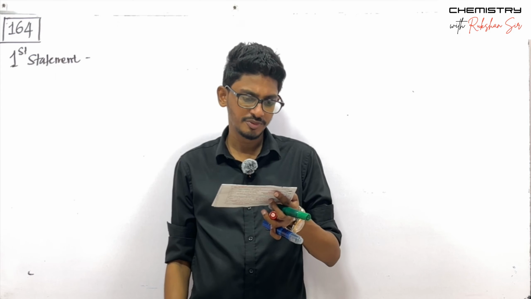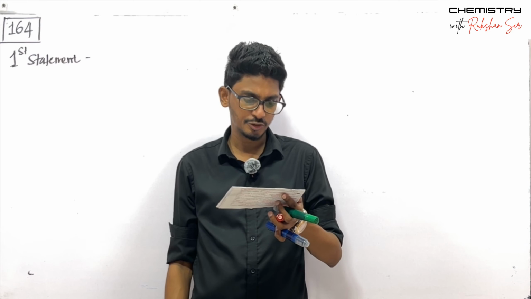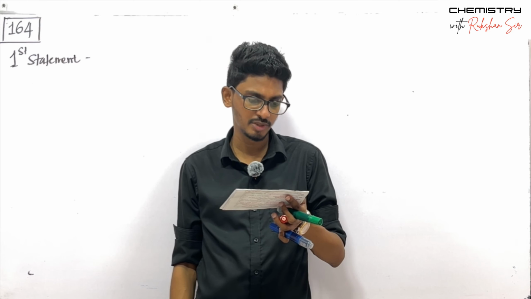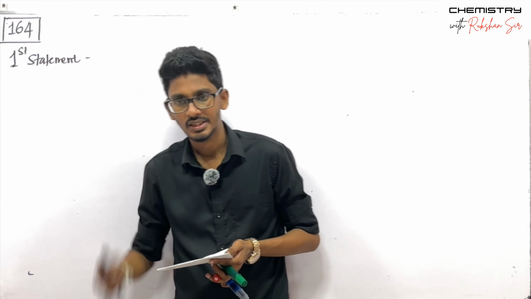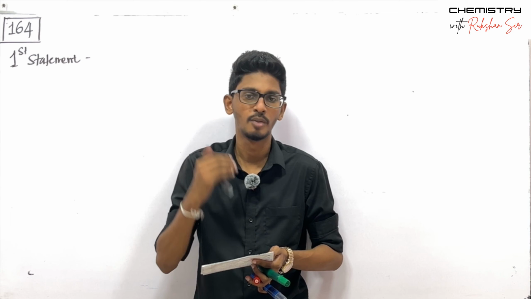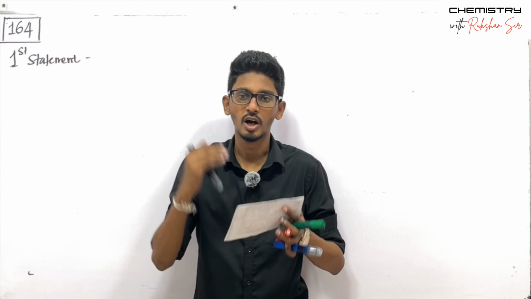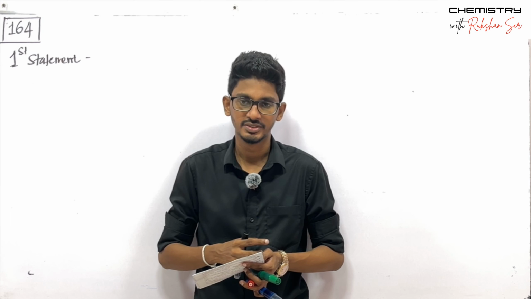Copper 2 plus forms a soluble complex, that is an amine complex, with NH3 in basic medium. However, it is not possible to form this complex in acidified medium. That is true, right? To form an amine complex, you should have an excess amount of NH3 molecules.